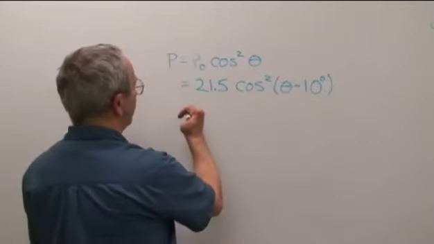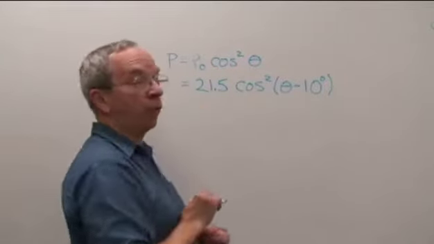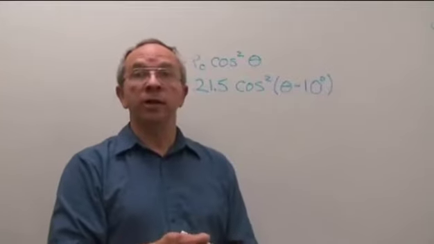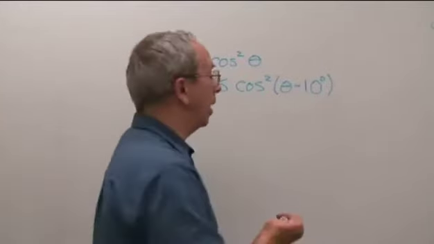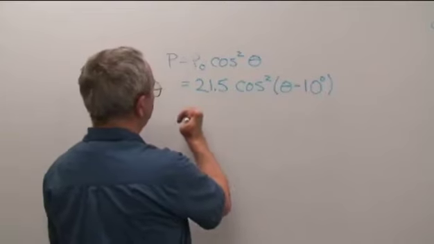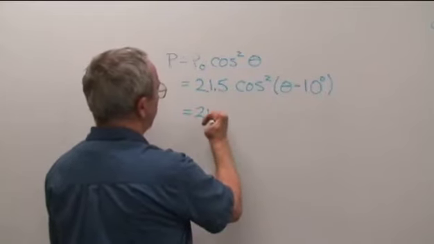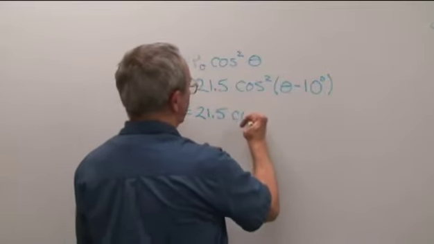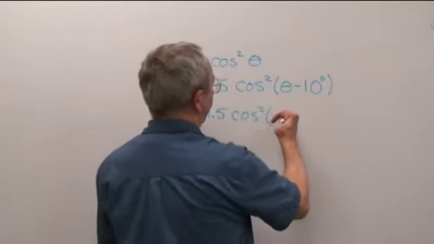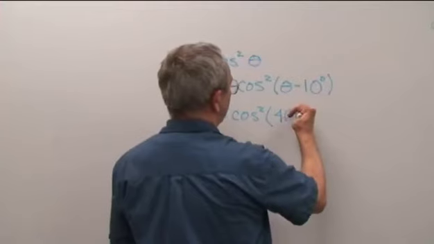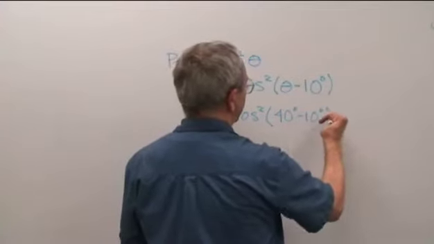So for example, at 40 degrees where we measured 17 microwatts, let's see how that predicted value would compare. It would be 21.5 times the cosine squared of 40 degrees minus 10 degrees.